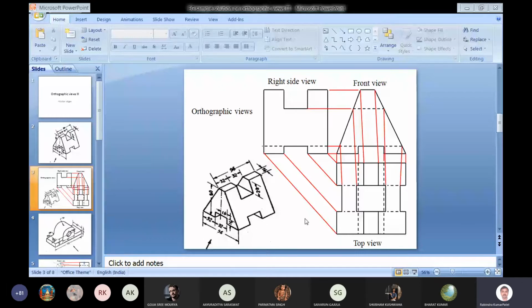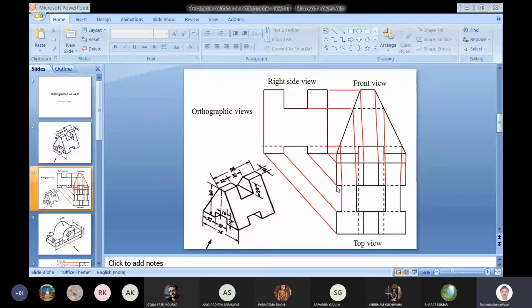So after some distance we will put this edge which is shown here, which is corresponding to these three edges. So that is coming here. It is due to the slot, because the face is inclined. If this face was vertical, then this line should be completely straight from this place.